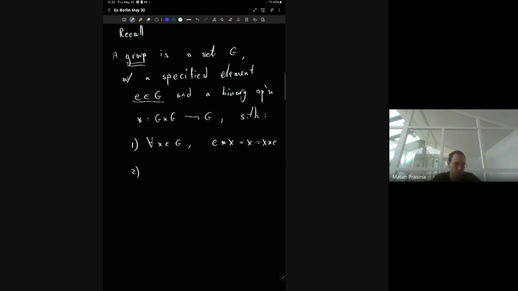Second, we want associativity. So for any x, y, and z in G, (x star y) star z is equal to x star (y star z).